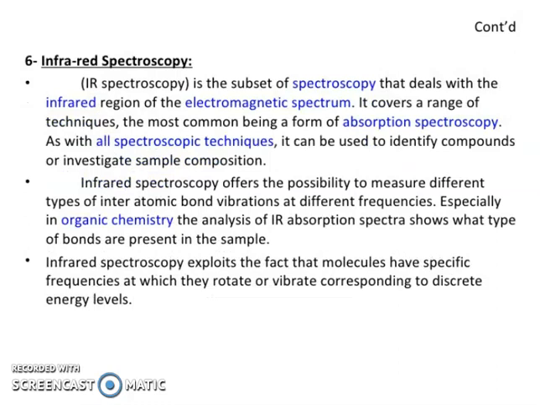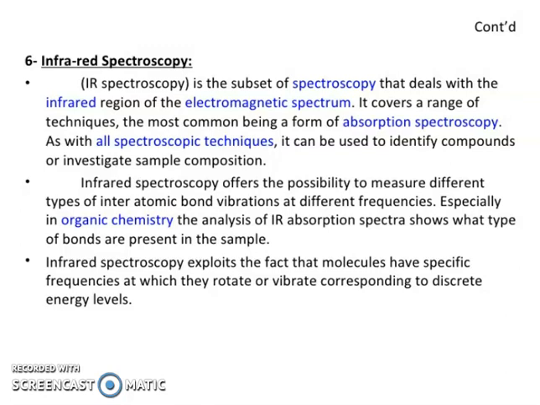So, infrared spectroscopy. IR spectroscopy is the subset of spectroscopy that deals with the infrared region of the electromagnetic spectrum. It covers a range of techniques, the most common being absorption spectroscopy. As with all spectroscopic techniques, it can be used to identify compounds or investigate sample composition. Infrared spectroscopy offers the possibility to measure different types of interatomic bond vibrations at different frequencies.